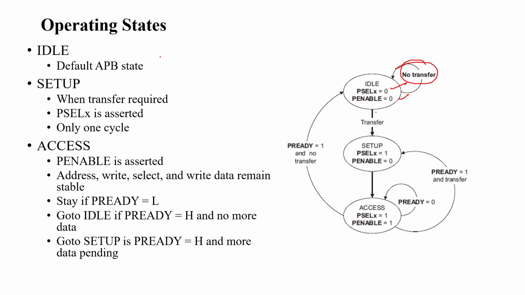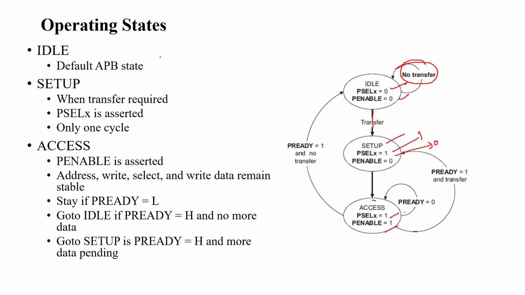And if you are going for a transfer, that means we are moving to the setup phase. In the setup phase, the PSELECT signal should be 1 and the PENABLE signal should be 0. Then it moves to the next state, the access phase. During the access phase, PSELECT is 1, PENABLE is 1.